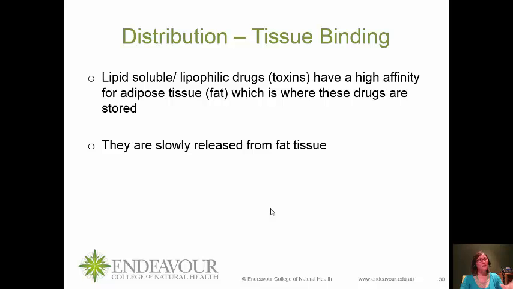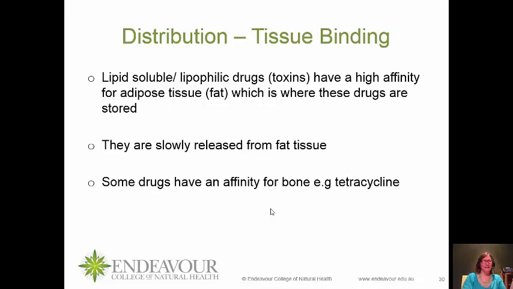There will be binding sites, not necessarily the target, you understand, but some other tissue binding substance to which they have a high affinity. And so then the pharmacodynamics and the time of onset of that action in the tissues will depend upon how slowly that substance is then redistributed from the fat and back into the systemic circulation. So generally, lipophilic substances will be slowly released from the fat.